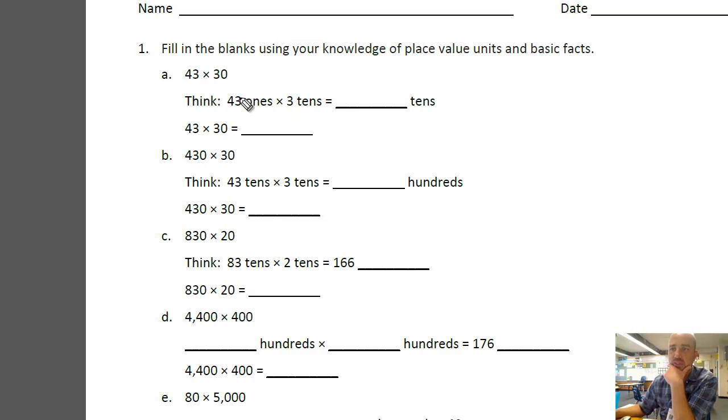I have 43 ones, and I have 3 tens. And I have my 43 times 3. What do you know about your basic facts? 40. If I have 4, I have 8, and then I have 12, so that would be 120, right? And I have 3, 3, and 3, which is 9. 129 tens.